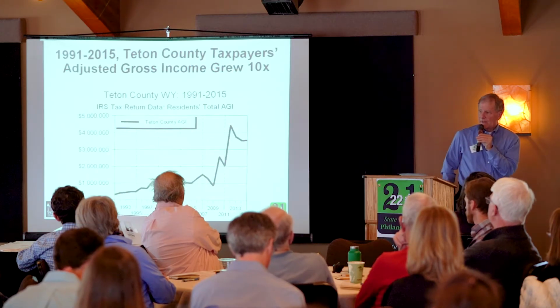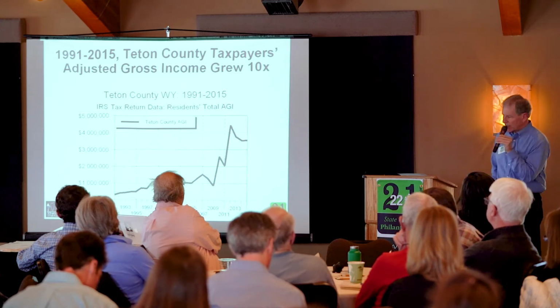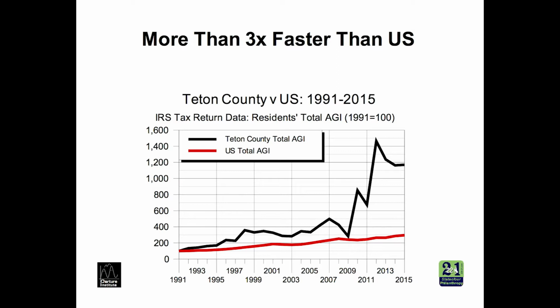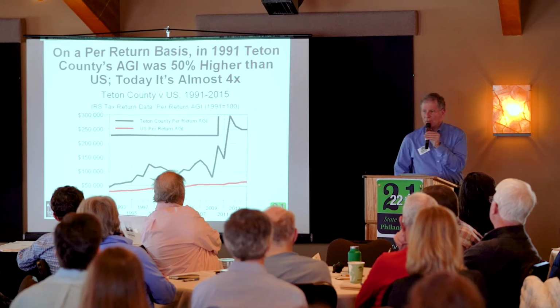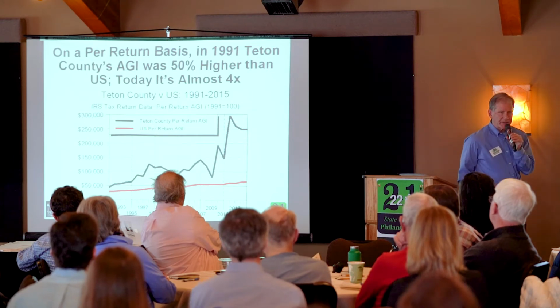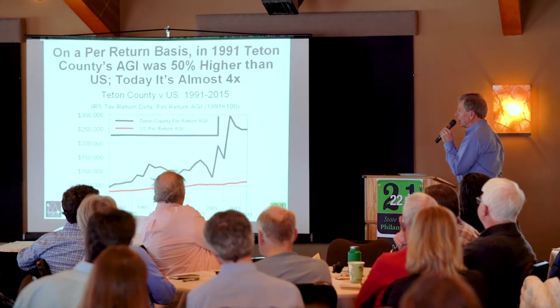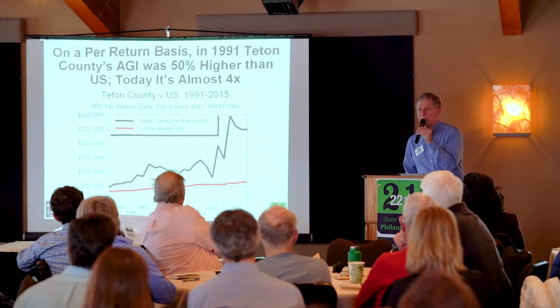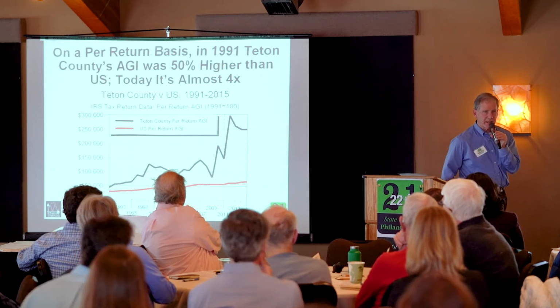Our income has grown about 10 times over what it was in 1991. And comparing that to what's happened with the national income, we've grown, again, more than 3 times faster than the national income. And if you look at it on a per return basis, or per capita basis, if you will, our mean income off of each tax return is almost 4 times that of the nation.